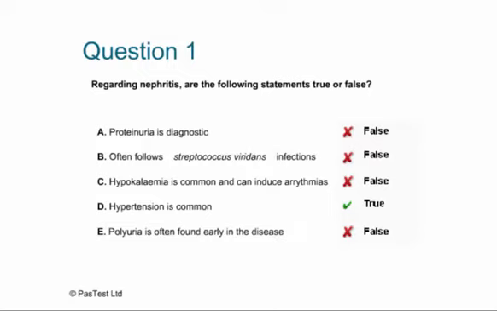Hypertension is an almost inevitable part of nephritis, and we'll discuss the pathophysiology of that shortly. Finally, E. Polyuria is often found early in the disease. That's also false. Oliguria is found early in the disease, and only later, when the renal function improves, do patients sometimes become polyuric. So polyuria is found late in the disease and not early, and therefore E is false also.